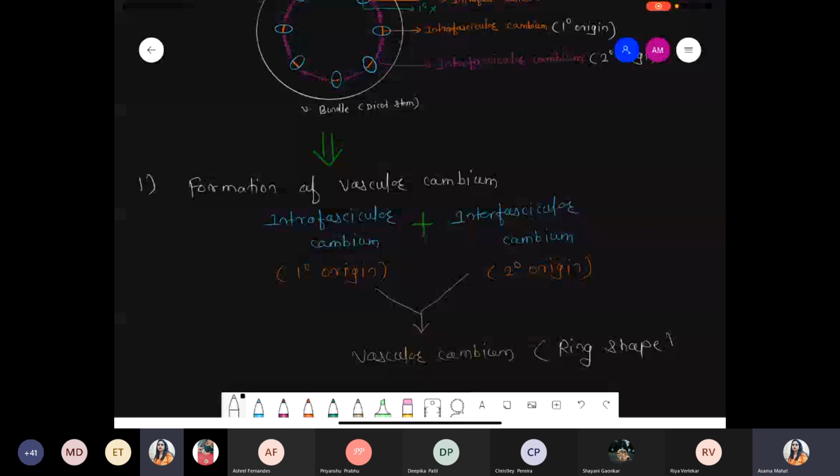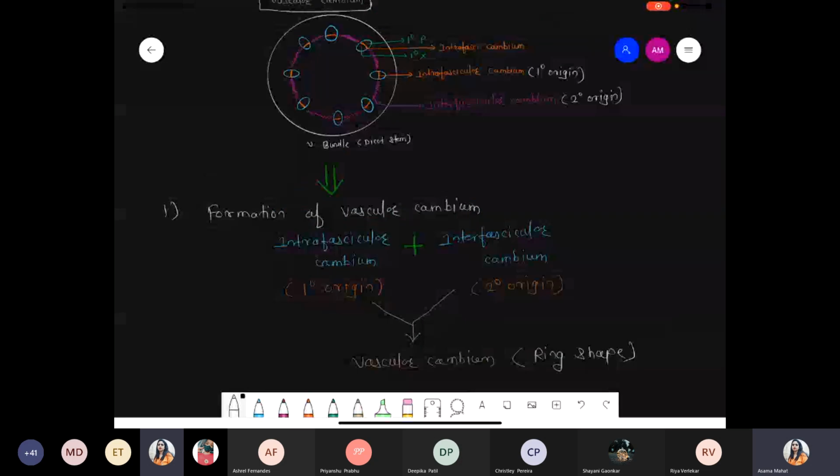Listen, the orange color is intrafascicular cambium, which is primary in origin. The pink color is interfascicular cambium. Once intra and interfascicular cambium form, they join, and after the joining there is a formation of the new vascular cambium, and that cambium is ring shaped. Clear this part? How vascular cambium gets formed?